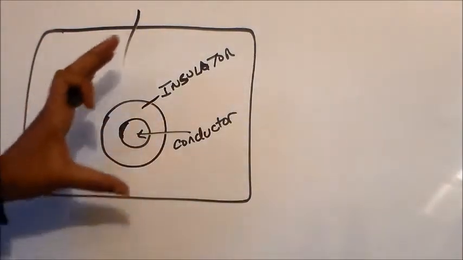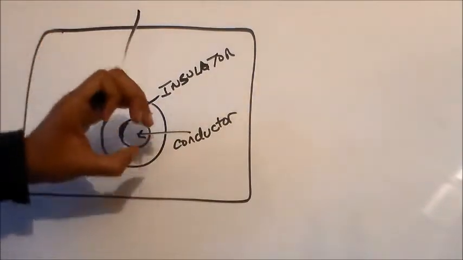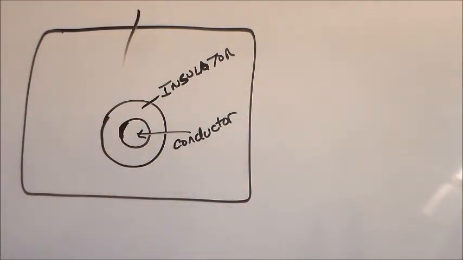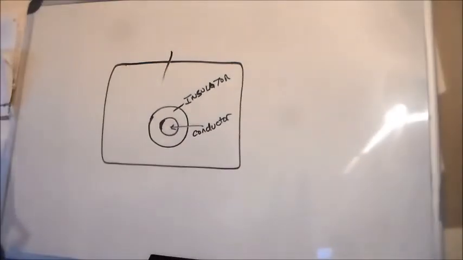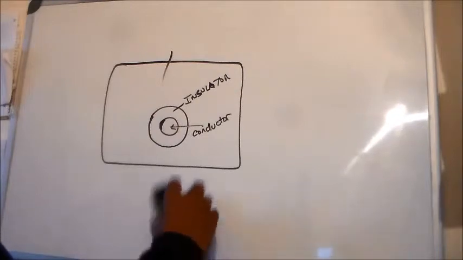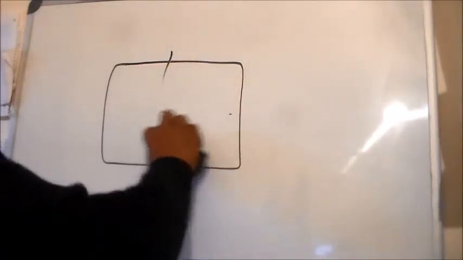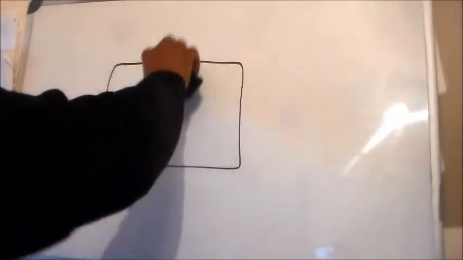So the insulator is like a container. It confines the electricity into that area. Okay, so the conductor is one of the major parts of a circuit. We've got to get the electricity around to the different components of the circuit. All right, so that is our insulator.